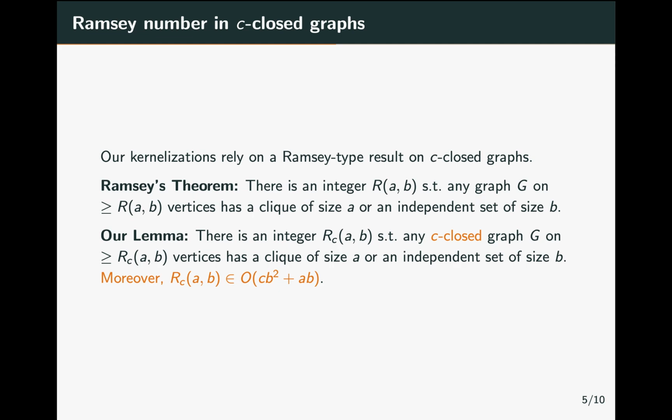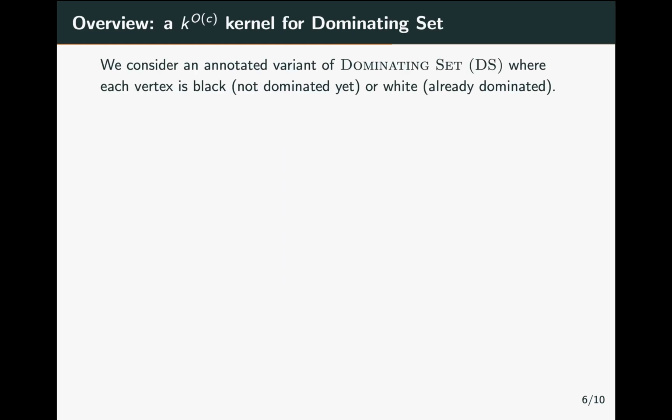I'm not going to show you the proof, but I'm going to show you how to use this lemma to obtain a kernel for a dominating set. To obtain a kernel for a dominating set, it's convenient to consider a more general variant where every vertex is either black or white.